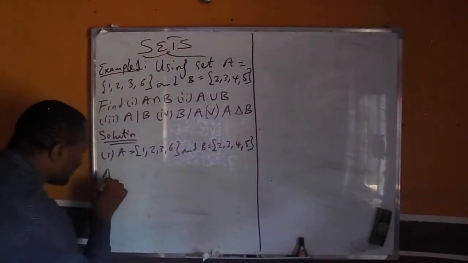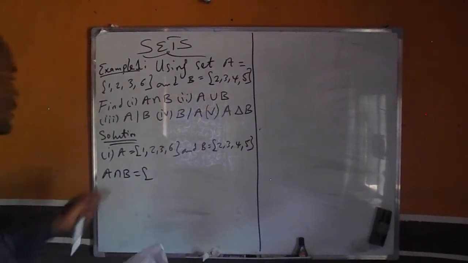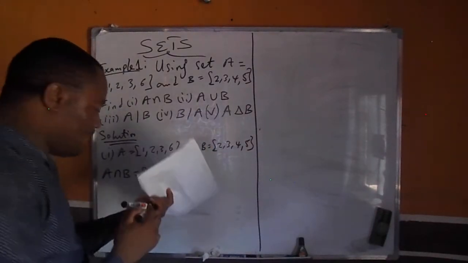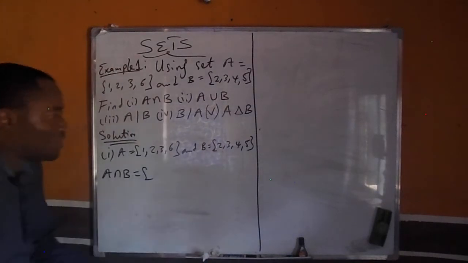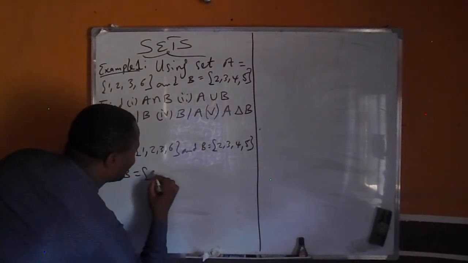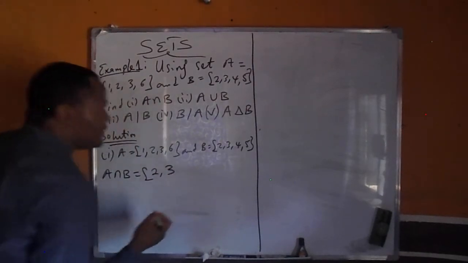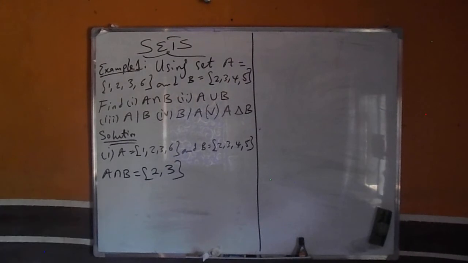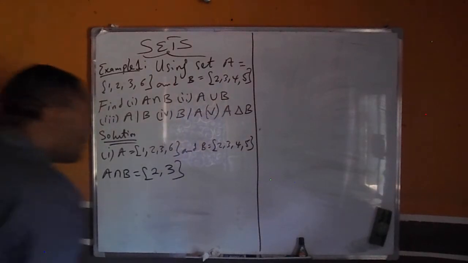Now, A intersection B equals what is common in both A and B. 1 is in A, is not in B, so it's not common. 2 is in A, we also have 2 in B, so the first common figure is 2. 3 is also common in both, and no other figure again. So this is our final answer in Roman figure 1. How can we represent this on a Venn diagram? Then we now come here.